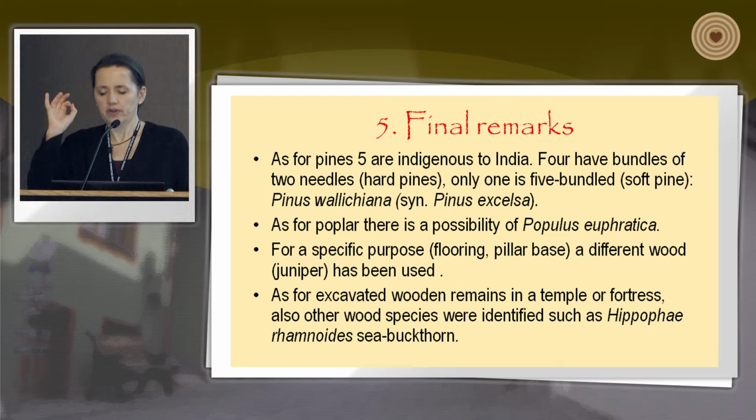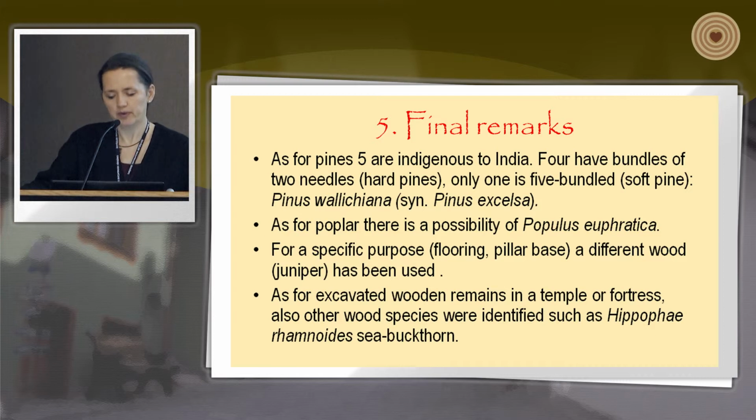As for pines, there are 5 indigenous pine species in India. 4 have 2 needles, and these are the hard pines, and only 1 species is 5-bundled or soft pine, so we can say it's Pinus wallichiana, or synonym Pinus excelsa.